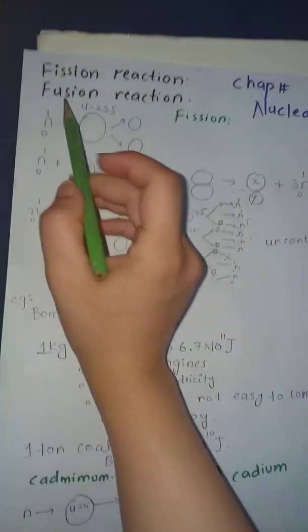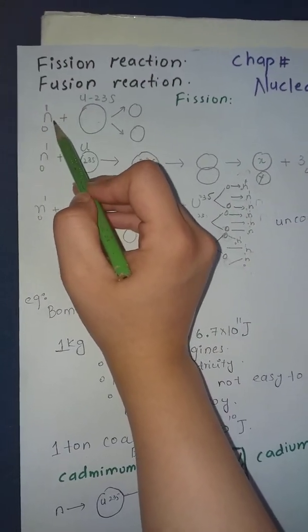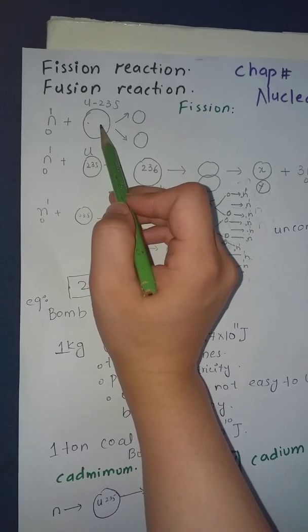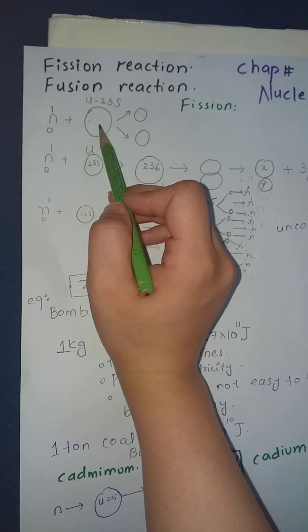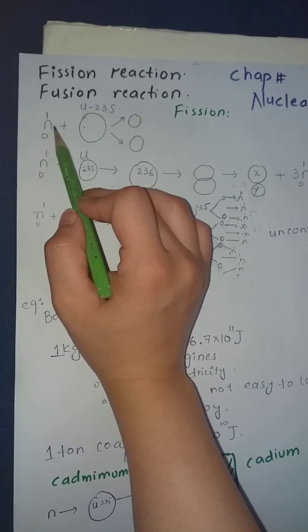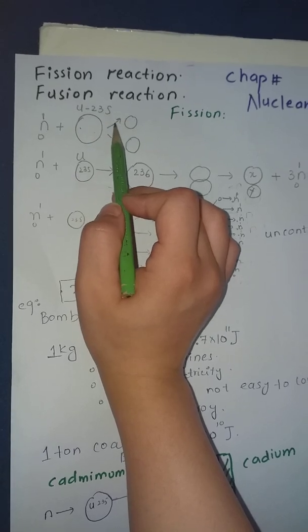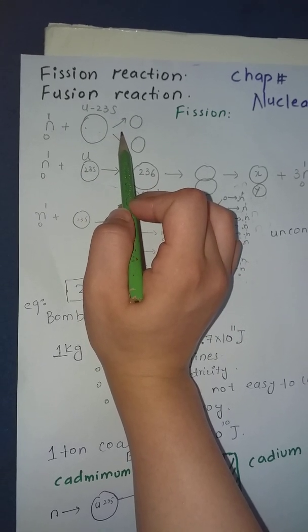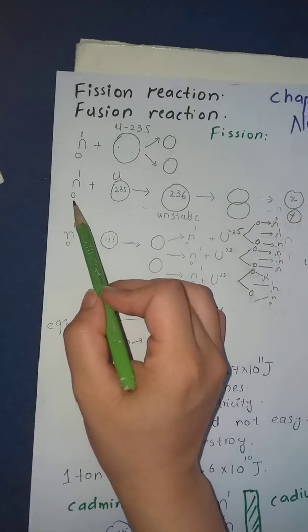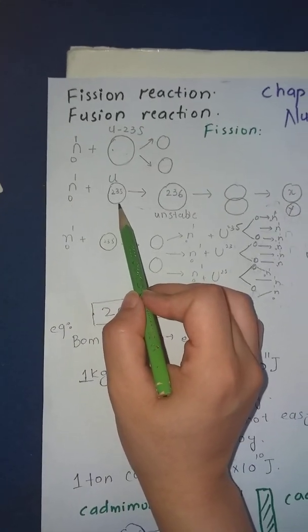When a neutron enters the nucleus of uranium, a compound nucleus is formed. Now what happens when a neutron is bombarded on uranium 235?